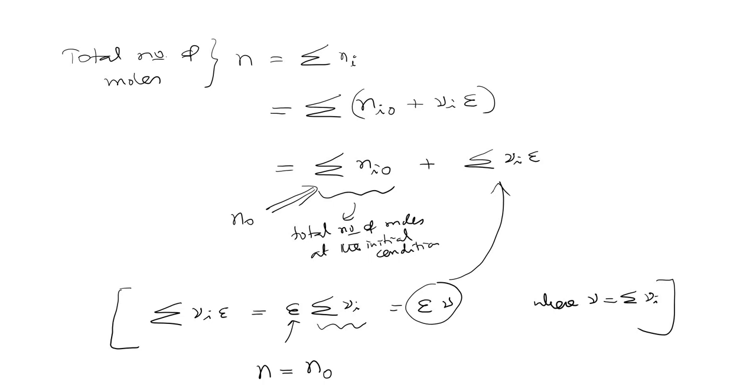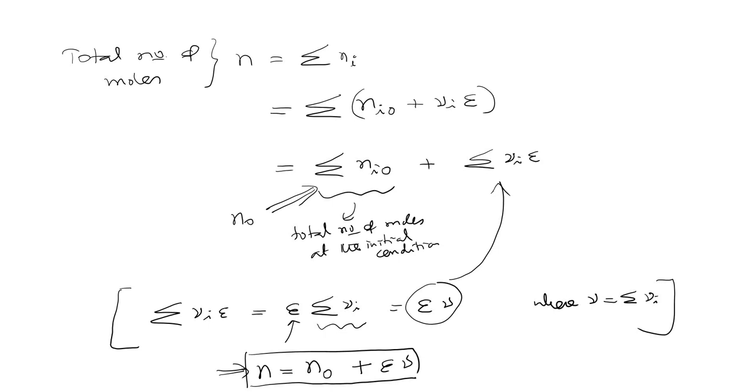You know very well, before the commencement of the reaction we have only reactants, so it is nothing but the total number of moles of reactants also. So N is equal to N0 plus epsilon into nu. This is the expression for the total number of moles of all the species present in a reaction mixture at a particular stage of a reaction.